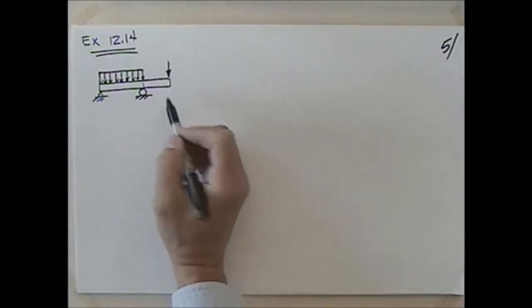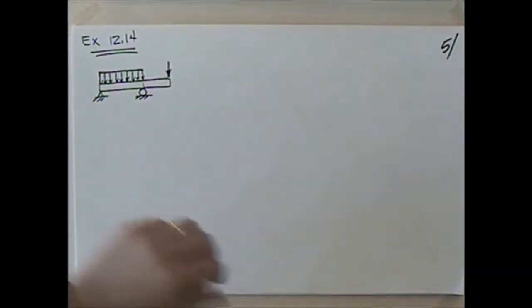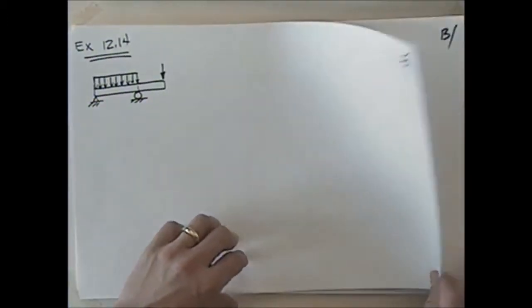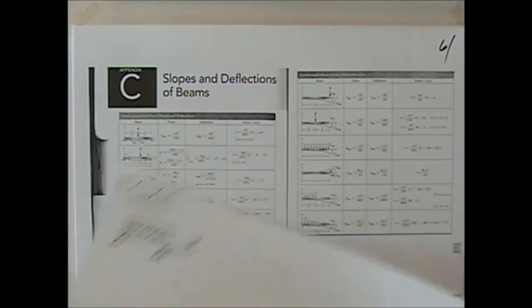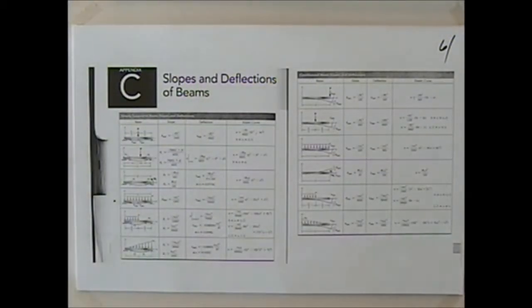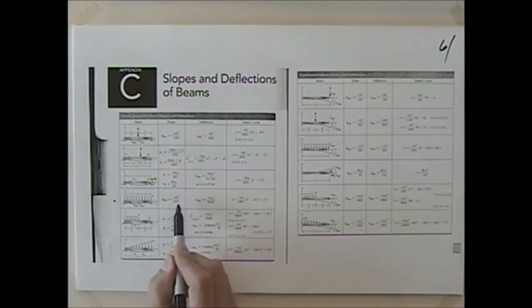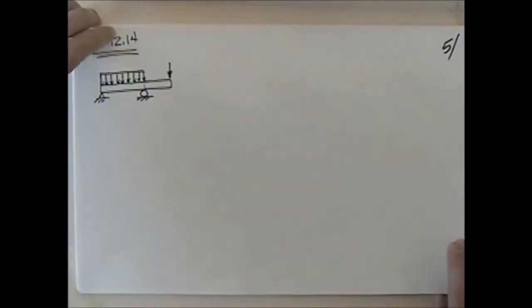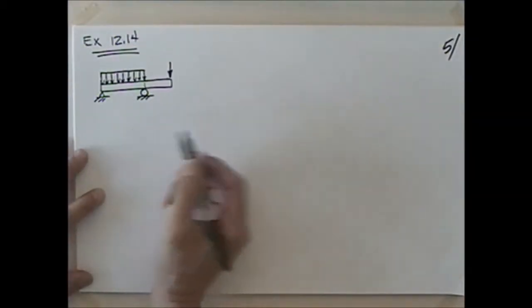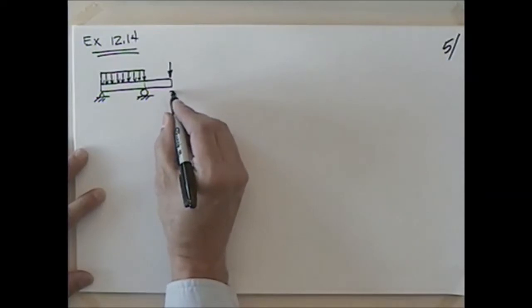Over at the cantilever, you have the concentrated load. And if we look at the tables here, so I'll make this page 6, we don't have anything like that. We've got simply supported. I don't have anything that then continues on with a cantilever. So can I use the principle of superposition to put these together? Yeah, you actually can. And let's say that you were interested in the deflection out here.